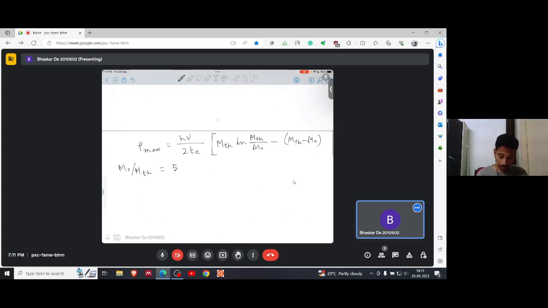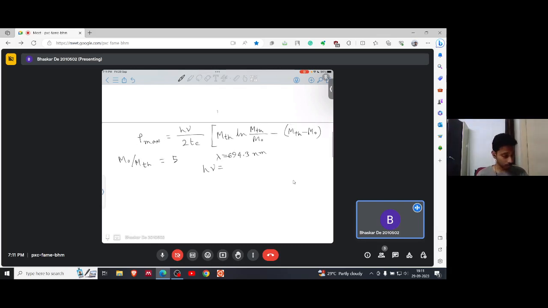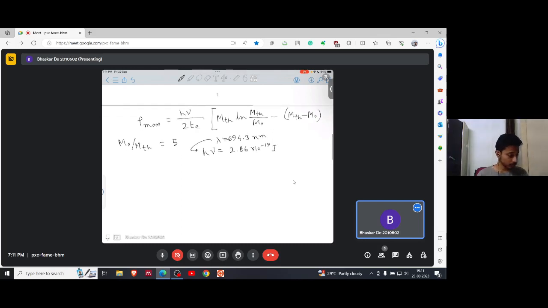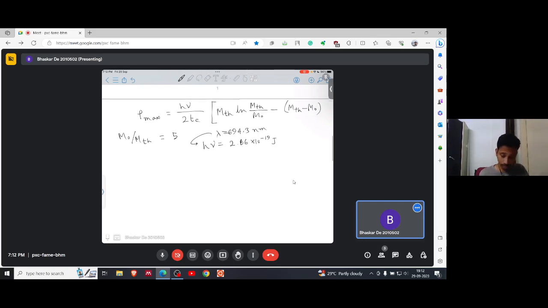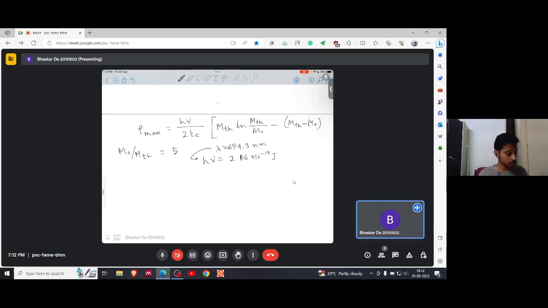Okay, and the UV laser has a wavelength of 694.3 nm. That will give h nu equal to 2.86 into 10 to the minus 19 joule. Now the parameter Tc, which is basically the cavity decay time.